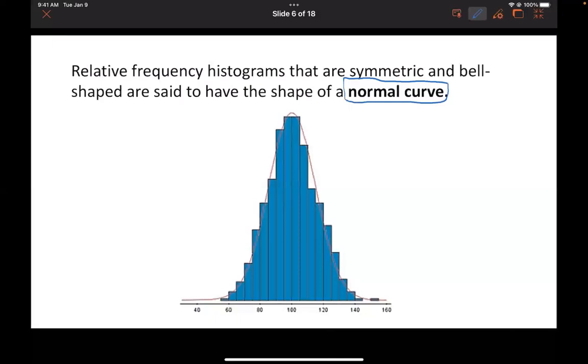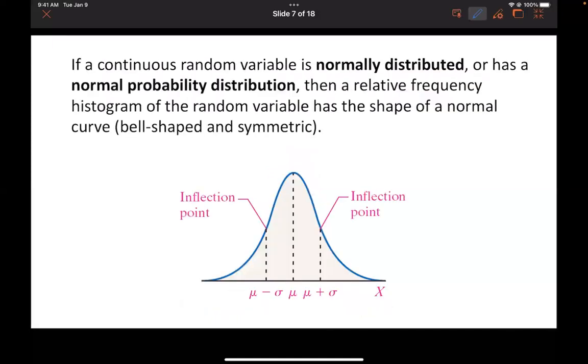We're going to be referring to it more as normal than bell-shaped as we move on. Don't worry about inflection points. Inflection points are mostly important if you're doing calculus on these, which you can, and it's a whole lot of fun, but I'm not going to make you do calculus, don't worry.